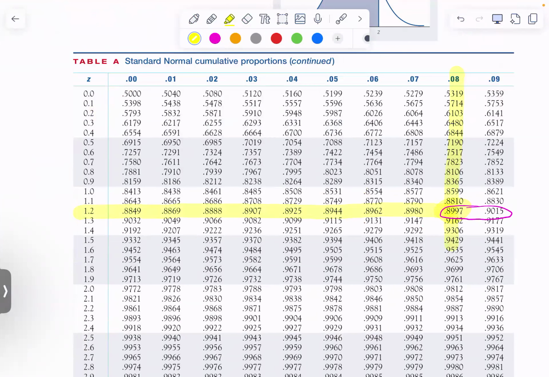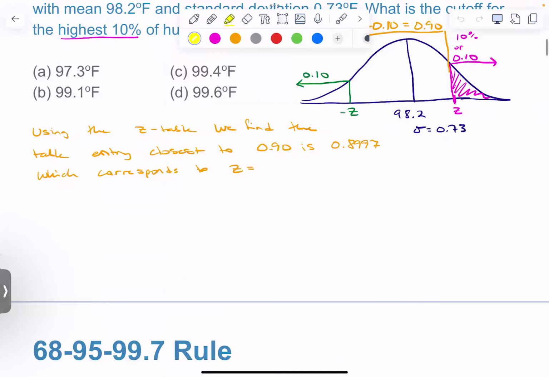I get a Z of 1.28. Z is 1.28. Great. That's a positive Z. That checks out with what I wanted, right? Because I'm above the mean, right? And so, okay, I'm happy with that.